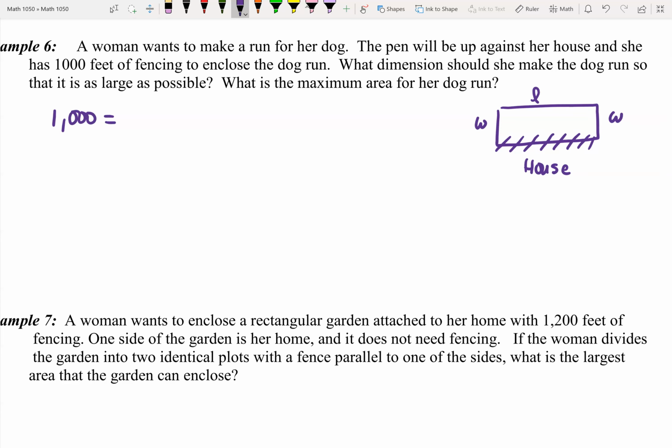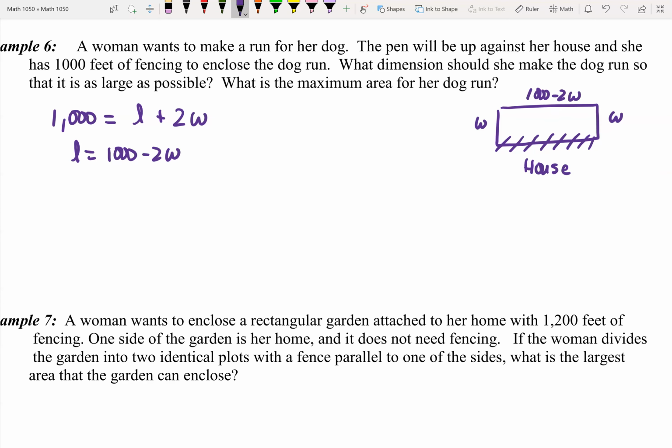So 1,000 has to cover how many L's? 1 L, and how many W's? 2 W's, okay? What do I always solve for right here? L. So you have L equals 1,000 minus 2W. Now I'm going to go to my picture and erase the L with 1,000 minus 2W.